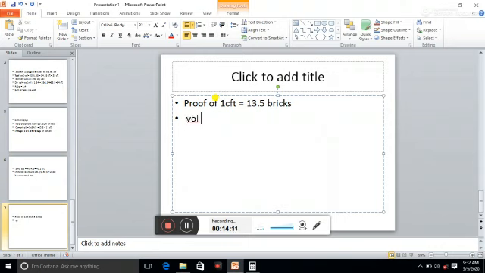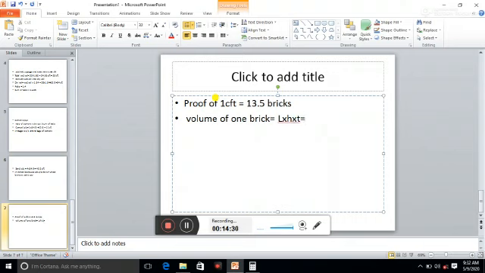Volume of one brick is equal to length into breadth into thickness.